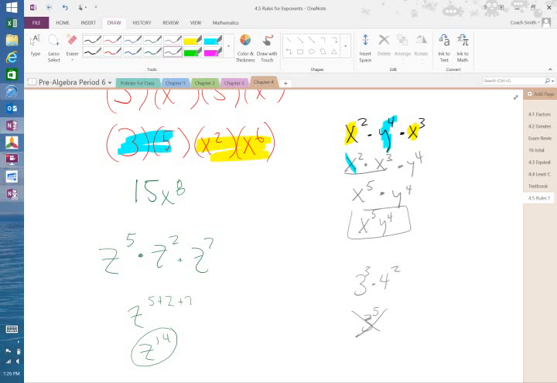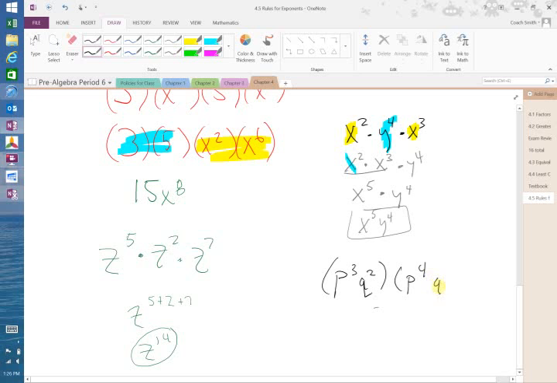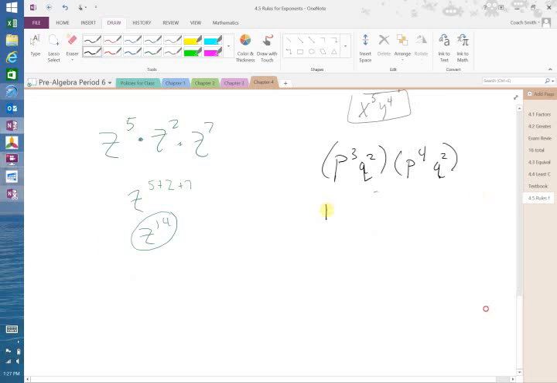All right, now. We have p to the 3rd times q to the 2nd in parentheses times p to the 4th times q to the 2nd in parentheses. Just as I stated on the previous problem, this problem is the same as this.